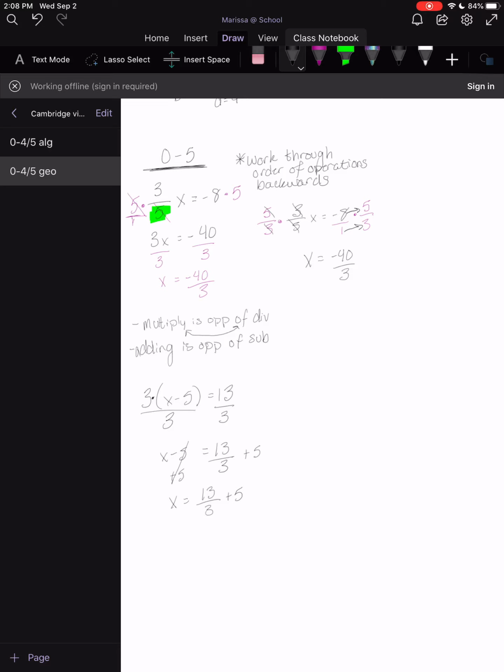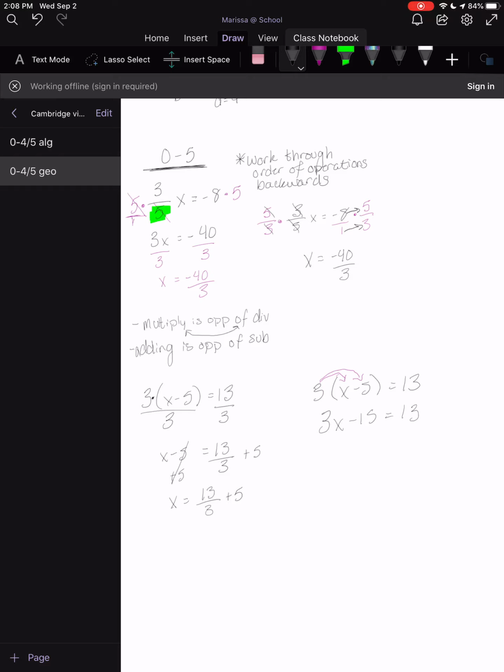What's going to happen is I have 3 times the quantity x minus 5 equals 13. The other thing I could have done was distribute that 3 in first, which would have given me 3x minus 15 is equal to 13.